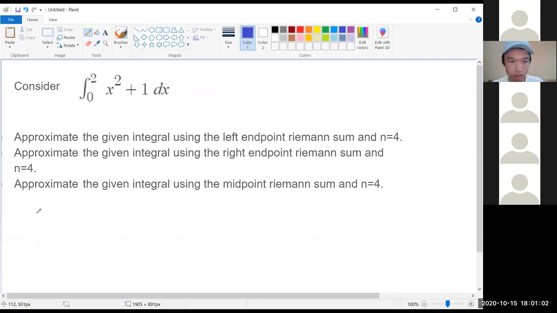It's good to have a picture, so let's draw one. We only need the first quadrant because this is from x equals 0 to x equals 2, so just the positive x and y axes. X squared plus 1 is a parabola that's shifted up 1 unit, so it looks something like this.